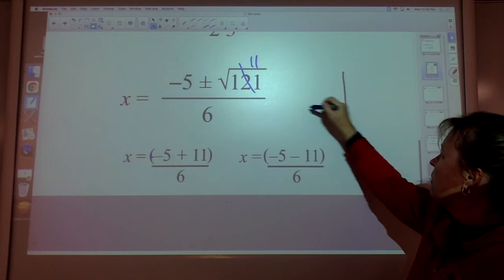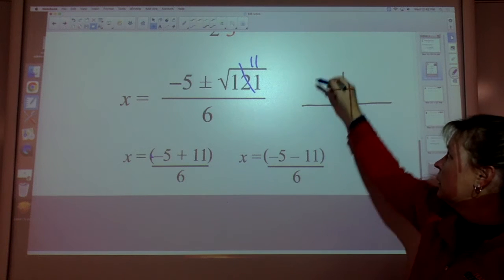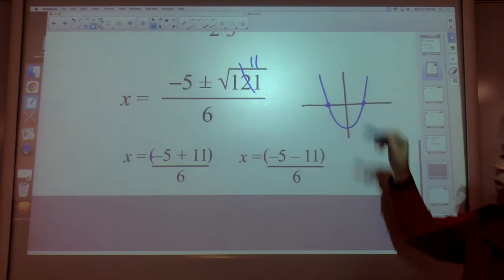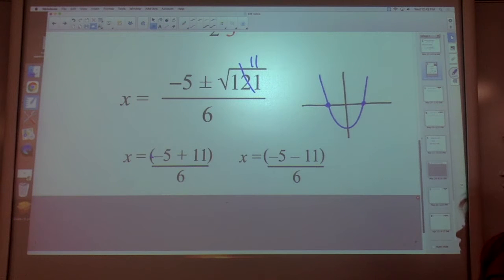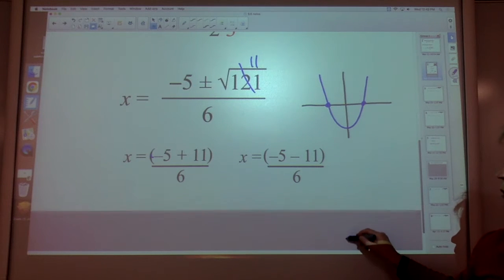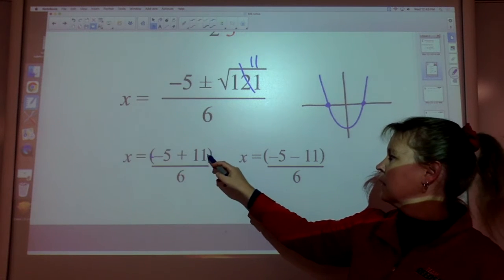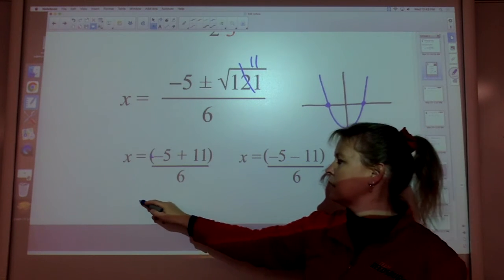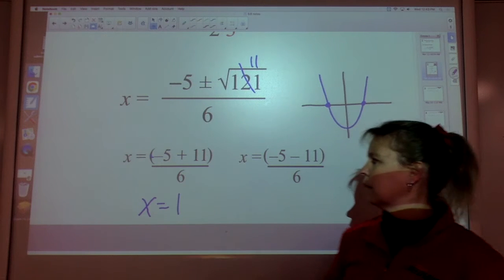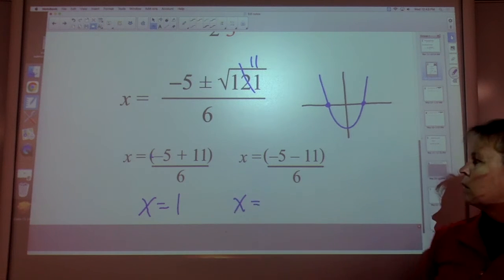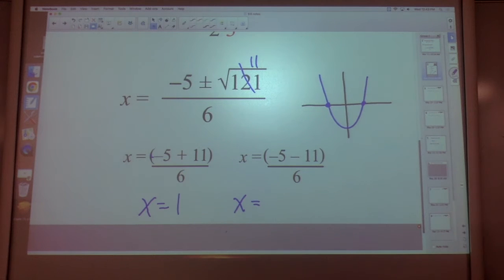I don't know if I need to remind you, but quadratics are parabolas, so 9 times out of 10, you're going to have 2 different answers. What's our answer when we plug this one in? Try it: left parenthesis, negative 5 plus 11, right parenthesis, divided by 6. You get x equals 1. Try it over here: x equals negative 5 minus 11.